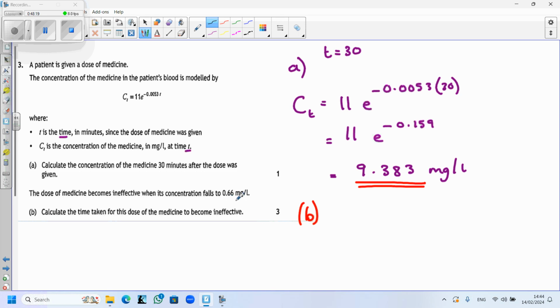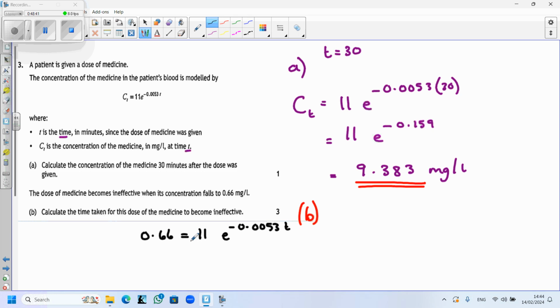So we know that that's the concentration. So C(t) is 0.66, and that's equal to 11e to the minus 0.0053t, and it's this t we want to find.